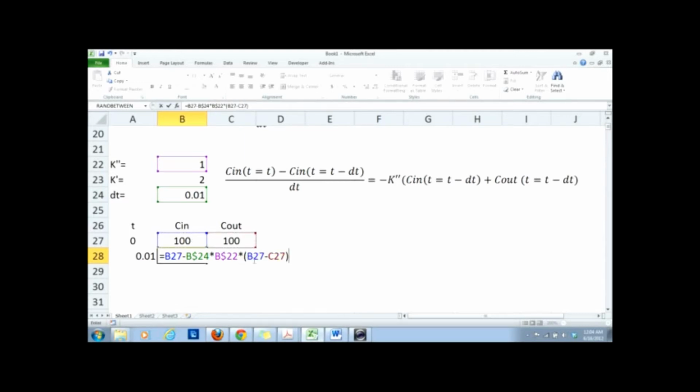Here I'm not putting a dollar sign on C in and C out, because they are not constant and they will change with time.